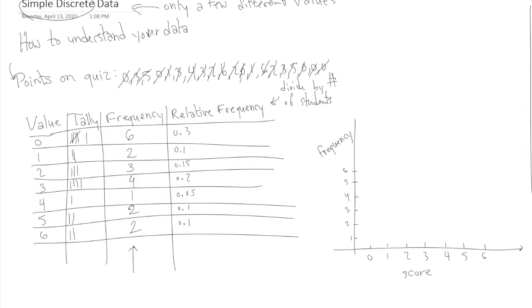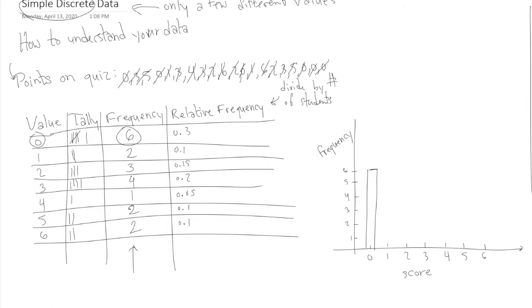So let's fill this in. 6 students got a score of 0. So above 0, I'm going to draw a line at 6, and then connect it down to the x-axis. This is like a bar chart. The book calls it a column chart. Same thing.